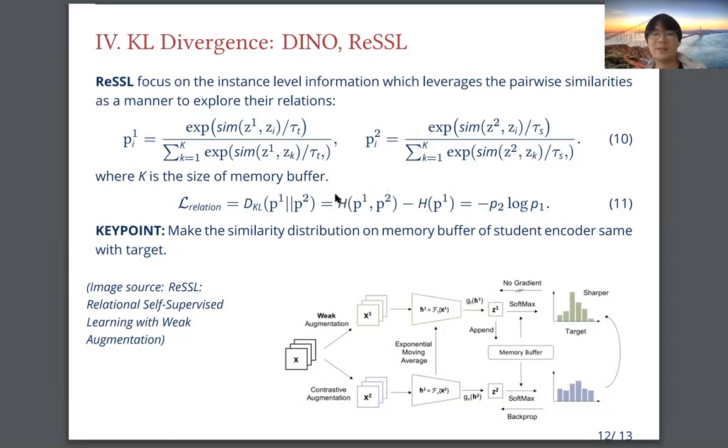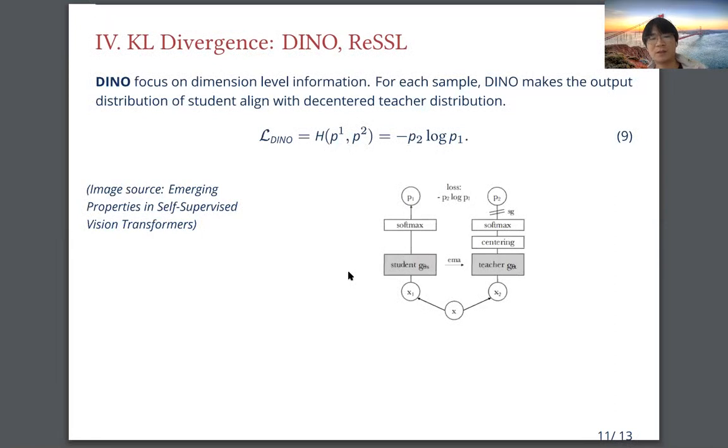Since the term H(P1) has no impact, they just remove it, so we get the final loss, which is minus P2 log P1. So the key point in this work is to make the similarity distribution over the memory buffer of the student encoder the same as the target.